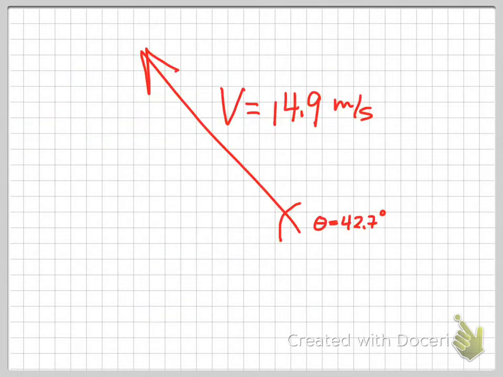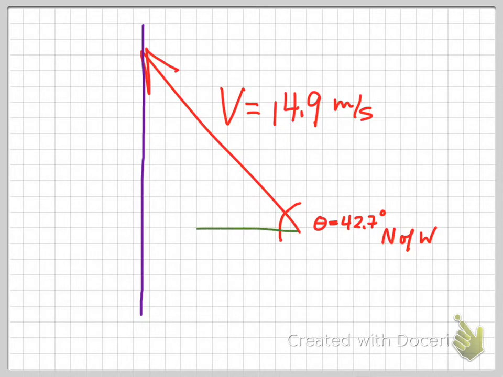So let's say you are traveling at 14.9 meters per second at 42.7 degrees, what's my heading? North of west. Okay. And what I'd like to know is if this is like a finish line of some sort, and I've decided instead to travel directly west.